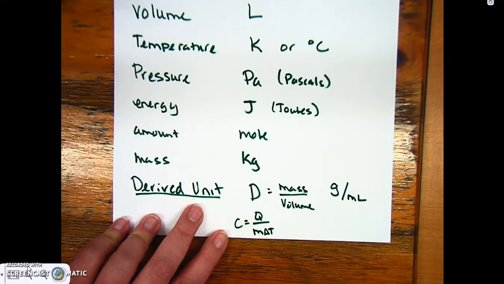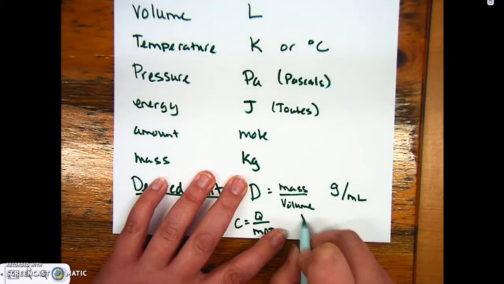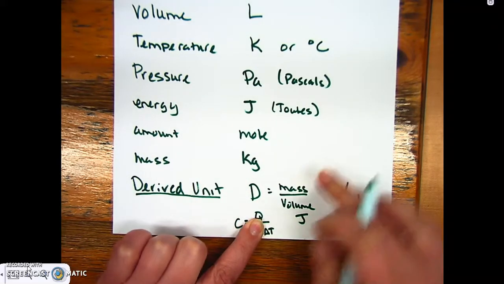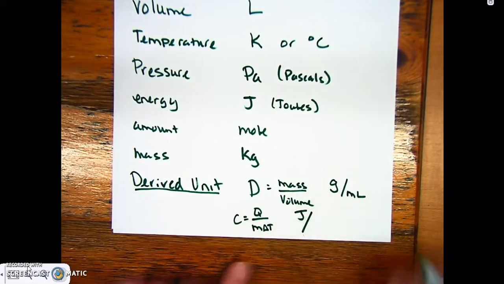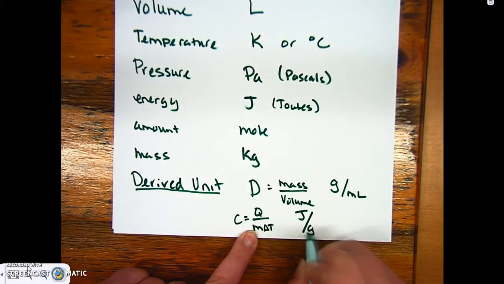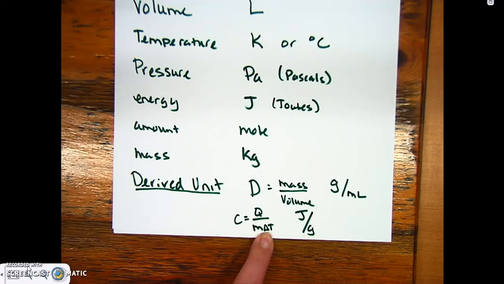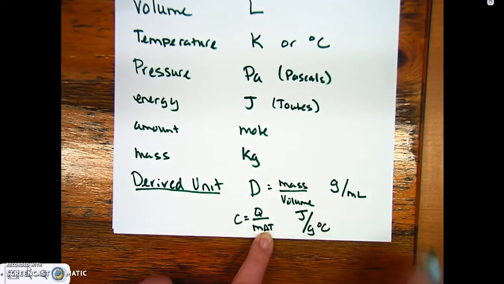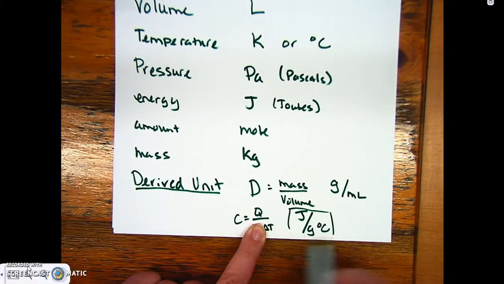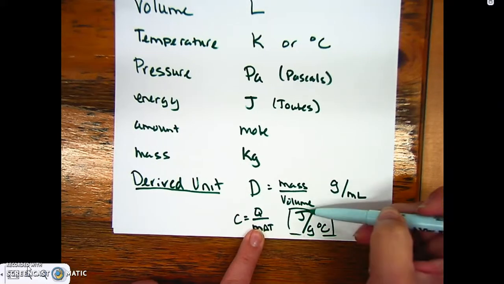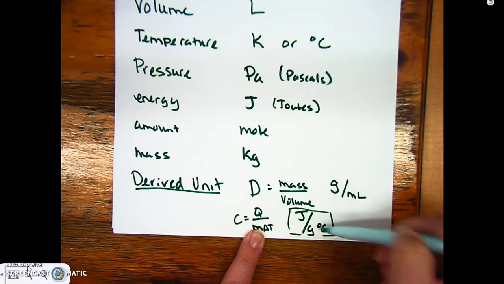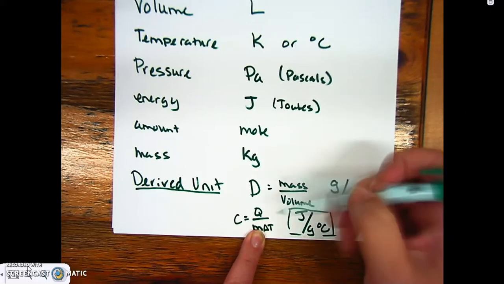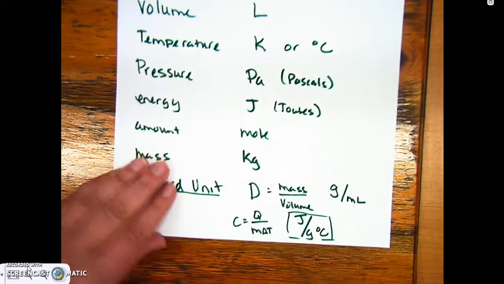So the derived unit looks like this: J, which is for energy, like we saw up here, per mass, which we're going to measure usually in grams, and then the change in temperature, which for our purposes we'll measure in degrees Celsius. So this is the derived unit. What this means is the amount of energy per gram to change something by 1 degree Celsius. So a derived unit is just when you're comparing multiple of these kinds of units.